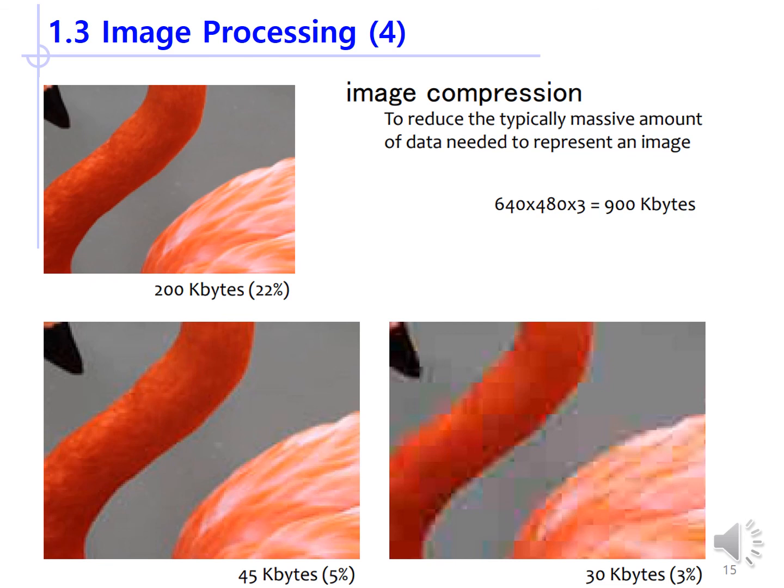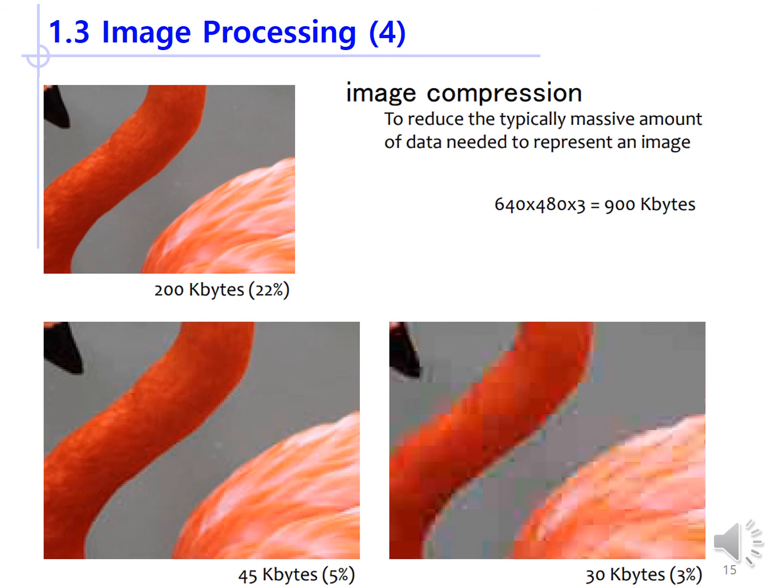There are 640 columns and 480 rows. There are this amount of pixels, and there are 3 channels for a color image: red, green, blue. Then the total size of the original image is 900 kilobytes.